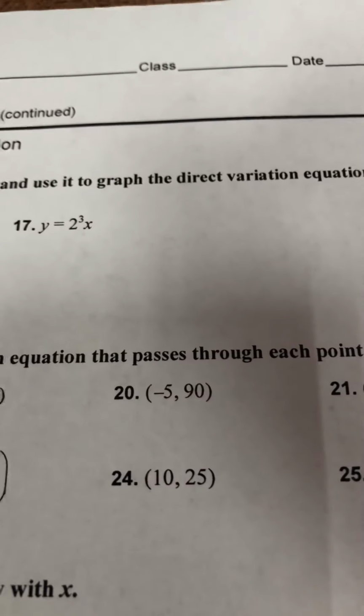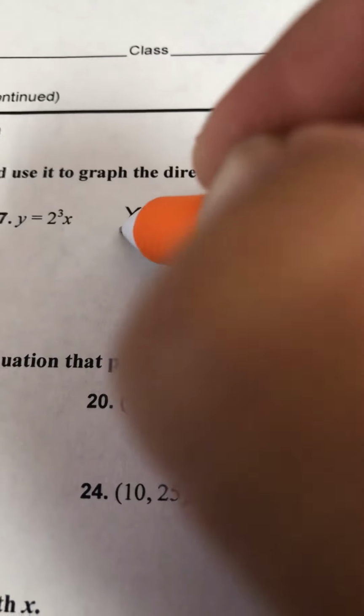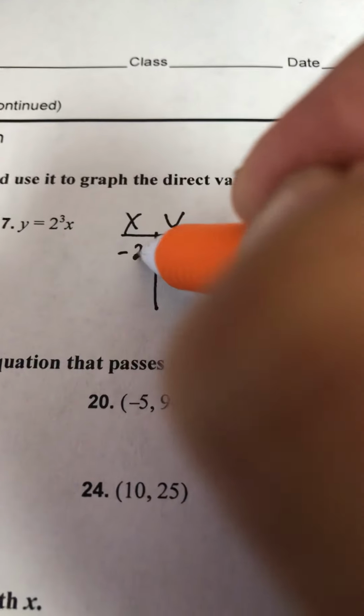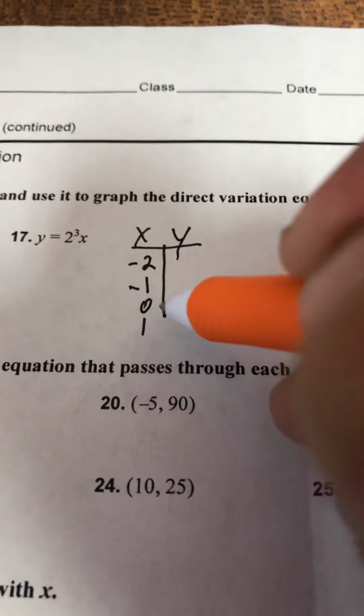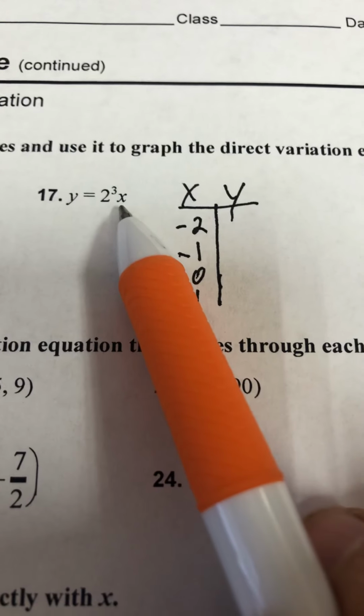And so let's go with, I'm going to start with -2, -1, 0, and 1. And what I'm going to do is I'm just plugging in this x value.